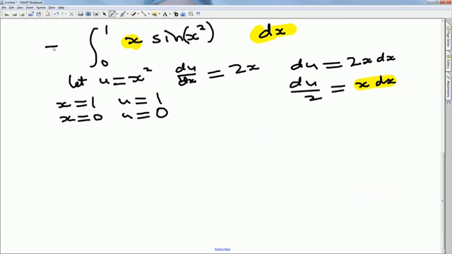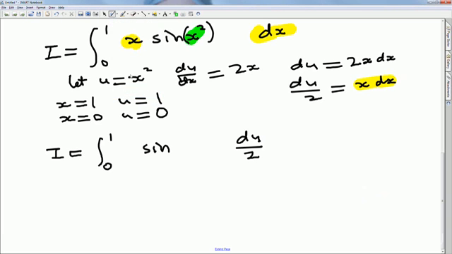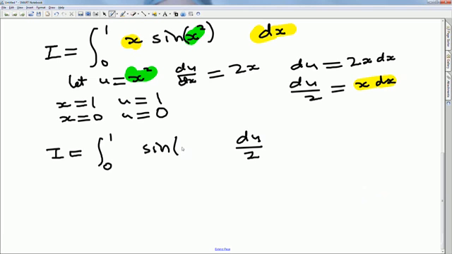So now our integral, let's call it I, changes from x equals 0 to x equals 1 to u equals 0 to u equals 1 of, well, x sine x squared, that's the bit in yellow highlight, now becomes du on 2. The sine sticks around, and the x squared just becomes u. And now we can integrate easily.